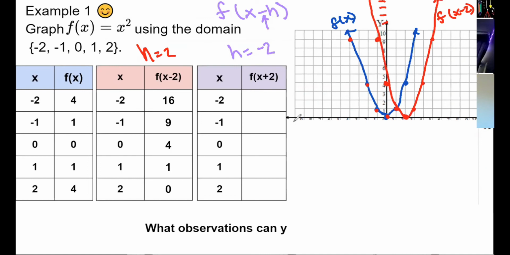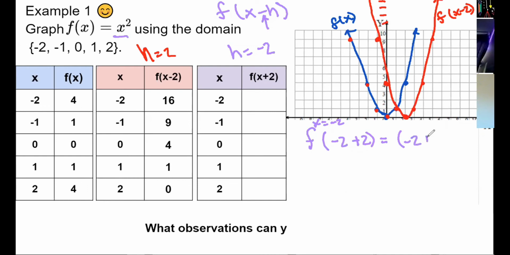The same process happens. F. We have our new domain. Our x this time is going to be negative 2. So we write negative 2 plus 2 equals, our function remains the same, x squared. So instead of writing x, we're now going to write that beautiful x minus 2, or x plus 2, sorry.